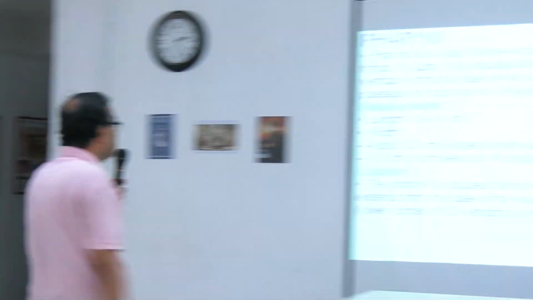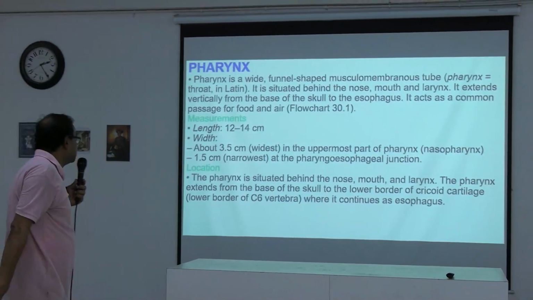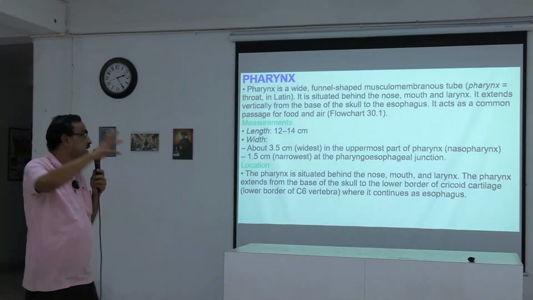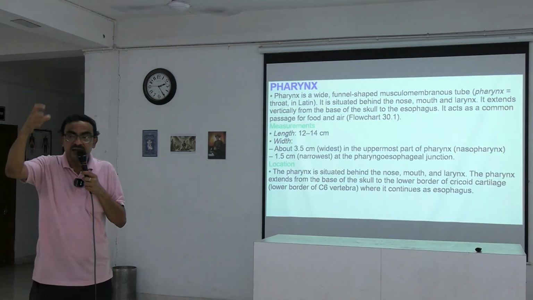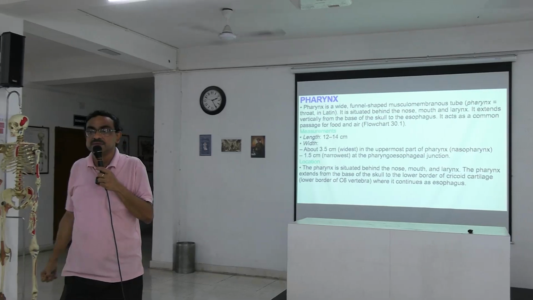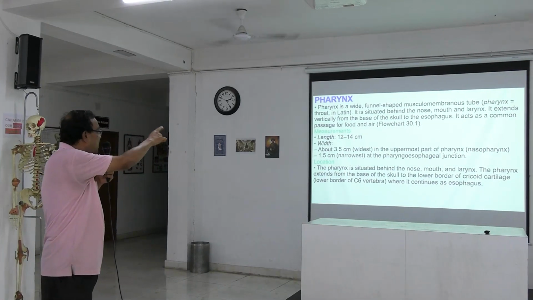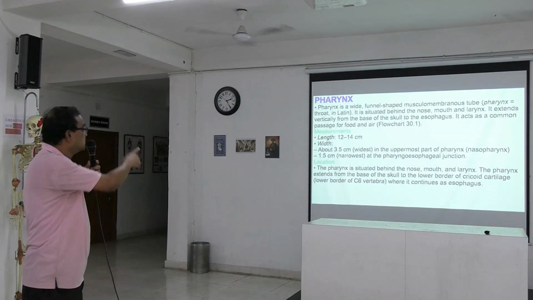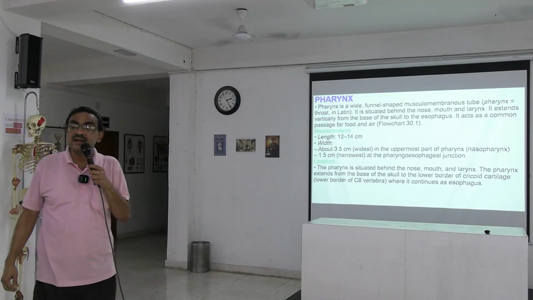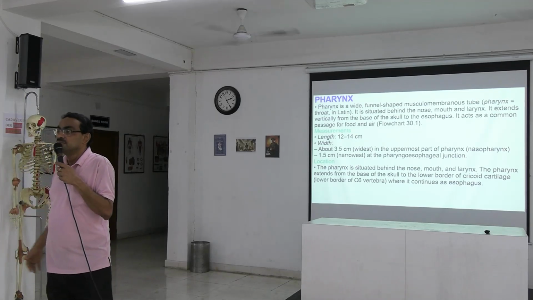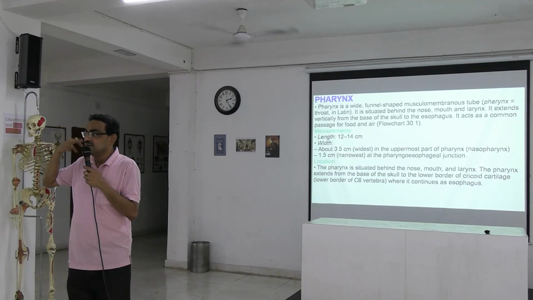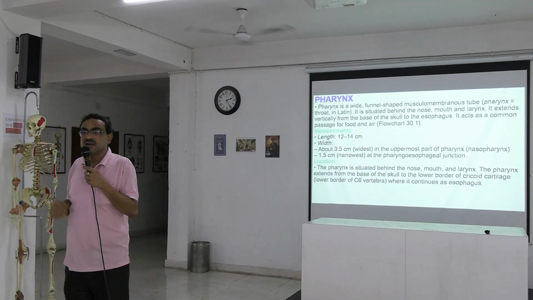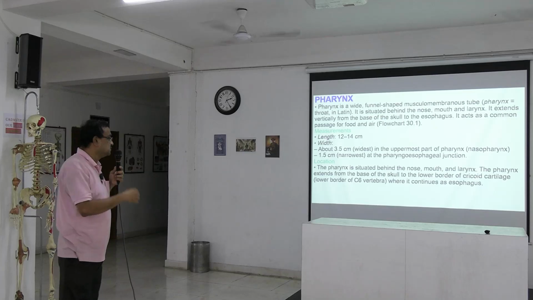Now these are the parameters. Length: a funnel shaped area, more extended above, and the lower part becomes tubular. Location: pharynx is located against the nasal cavity, against the oral cavity, against the larynx.